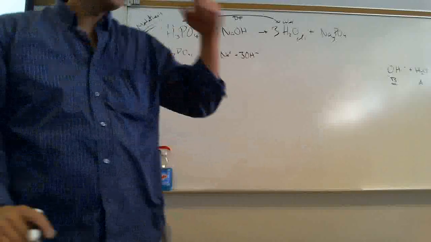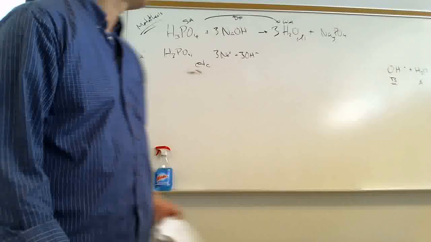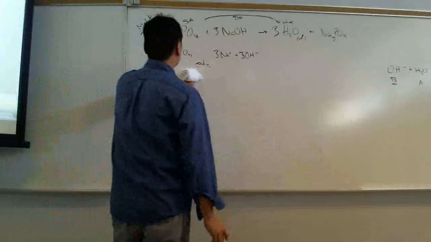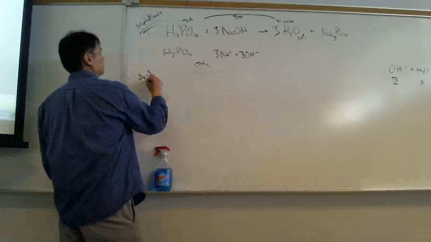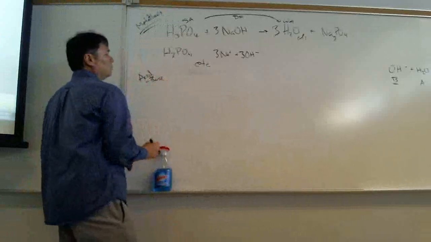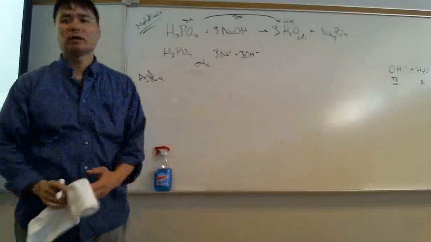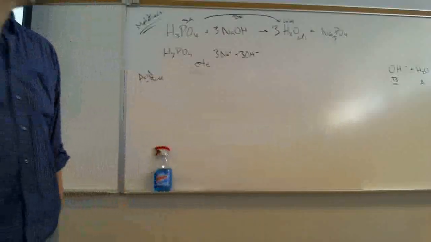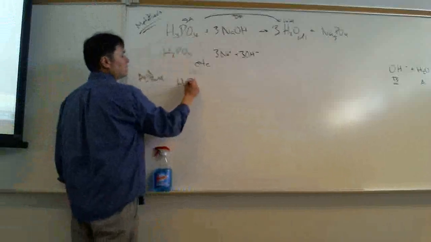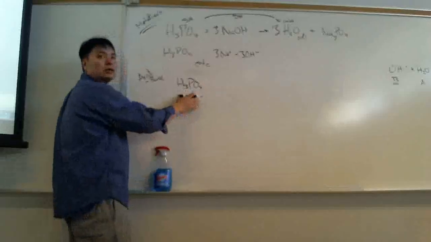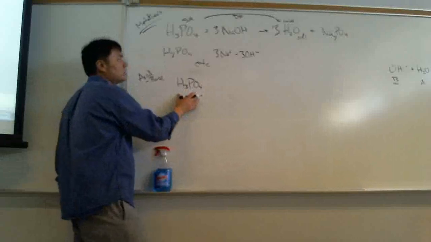If I were to do this reaction using the Bronsted acid-base method, we approach it differently. First, we inventory the solution. And so what do I expect to find in solution? Well, I expect to find phosphoric acid molecules. It's weak, so it doesn't ionize much.